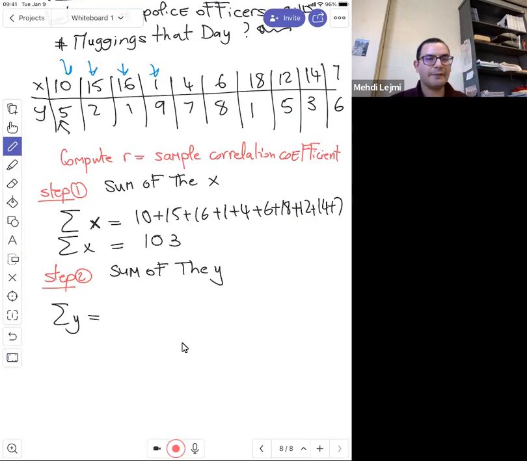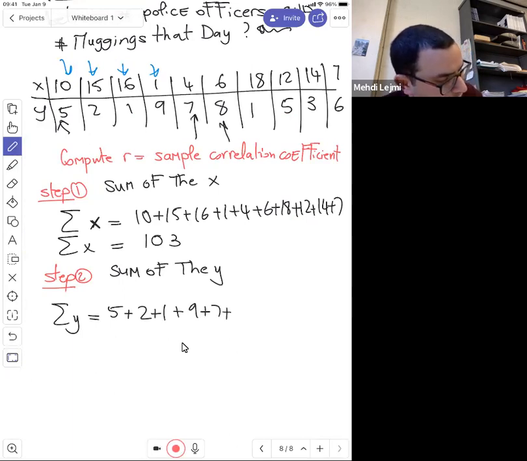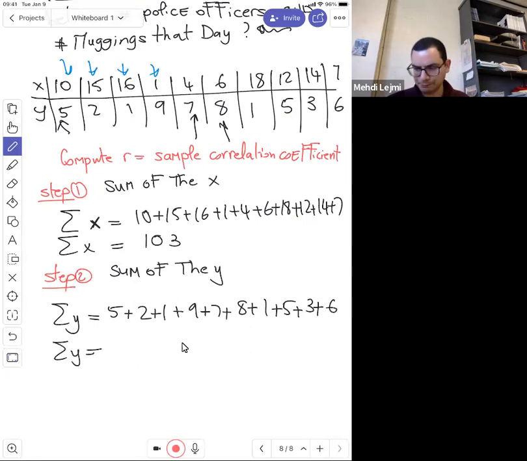That's the number of muggings, right? Second day we have 2 muggings, plus 2. Third day we have 1 mugging, plus 1, plus 9, plus 7, plus, again, these are the y values, plus 8, plus 1. Next there's 5, then there's 3, and then there's 6. So sum of the y's, in this example, that would be 47. Okay.